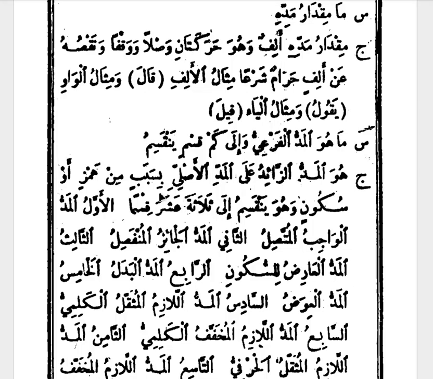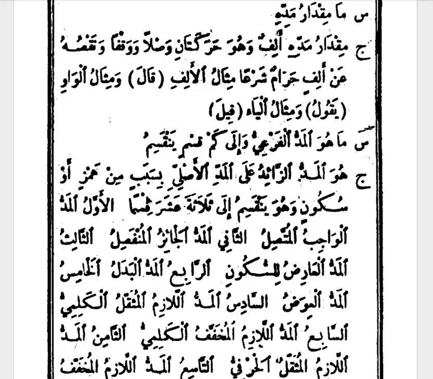The secondary madda is the madda that branches off from the original madda due to the presence of hamza or sukun. It is divided into 13 categories.